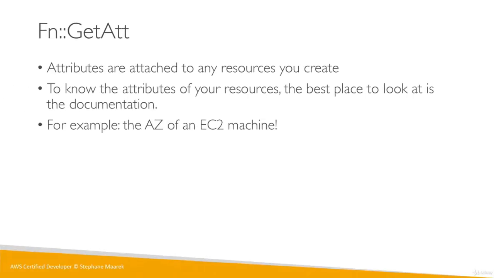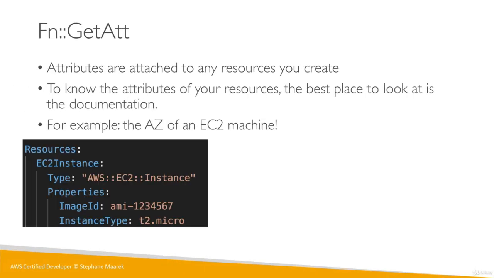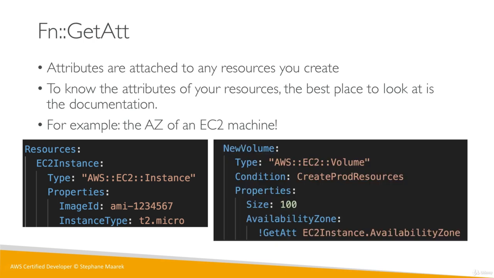Now, for example, if we want to get the AZ of an EC2 machine, we saw we could do it. Here is our resource block. So we have our EC2 instance with an image ID and an instance type, and we want to get the AZ out of it. For example, when we create an EBS volume, we're going to create a new volume under resources, and we'll say the type is an EC2 volume. Condition, if we had a condition from before.